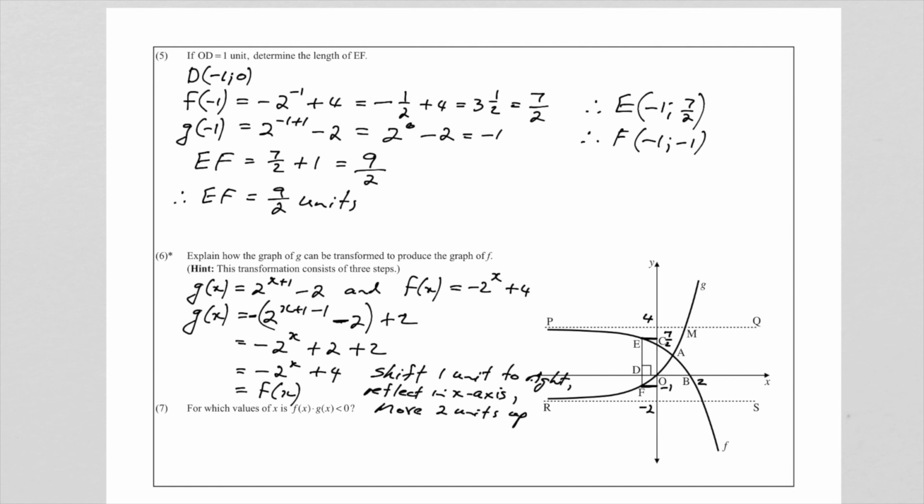So that is basically the 3 transformations: a shift 1 unit to the right, a reflection in the x-axis, and then we move it 2 units up. That is what we need to do with G to give us F.